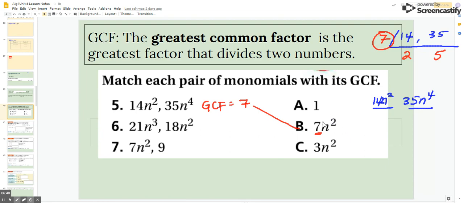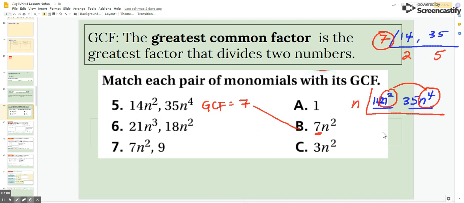We didn't learn how to find the GCF of the variable part, but we still can find the answer, right? Before we move on, let's talk about how you find the greatest common factor of the letter part. You can divide both by n.